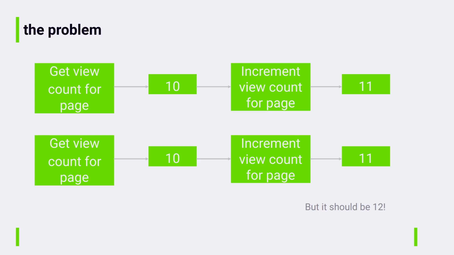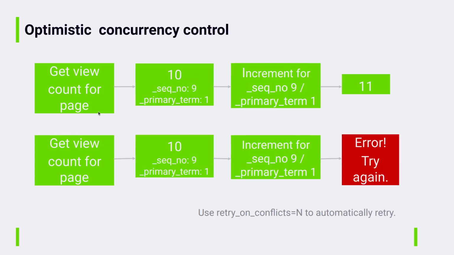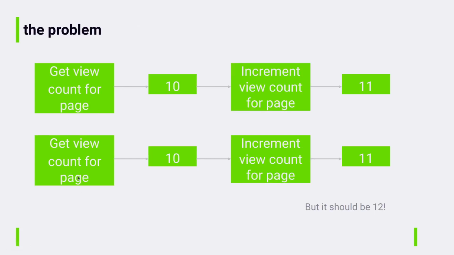Let's imagine that two people are viewing the same page at the same time through two different web servers. So at this point, we have two different clients, and they are retrieving a view count for the page from Elasticsearch.